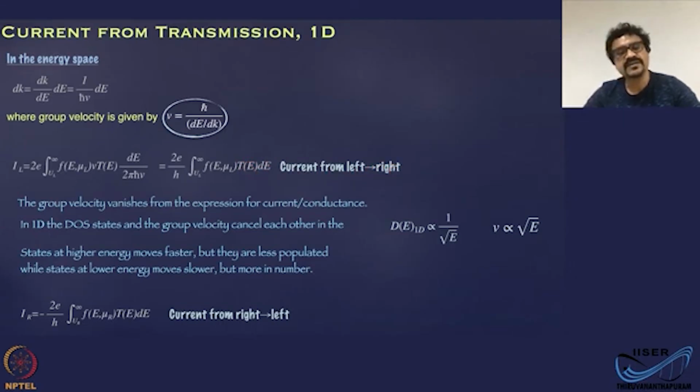But there is a very interesting situation here, which happens only in this one-dimensional situation. Because you had a group velocity term in k space, and you also had a term which says what is the number density, or the density of states.